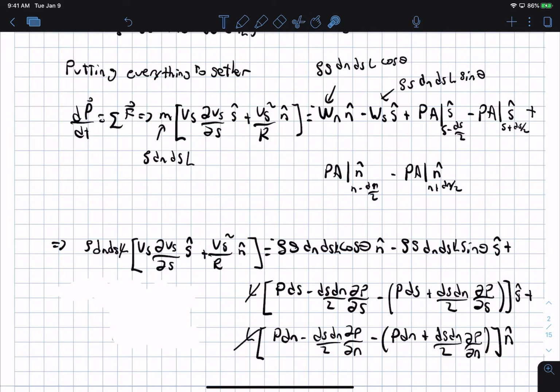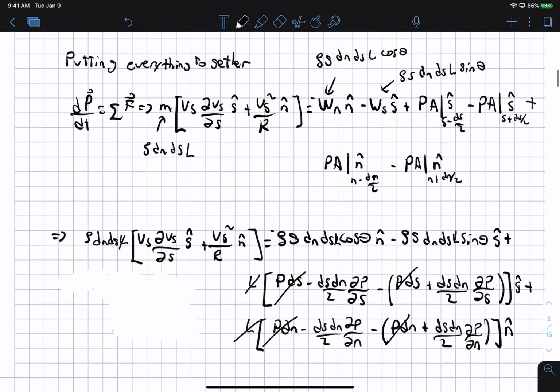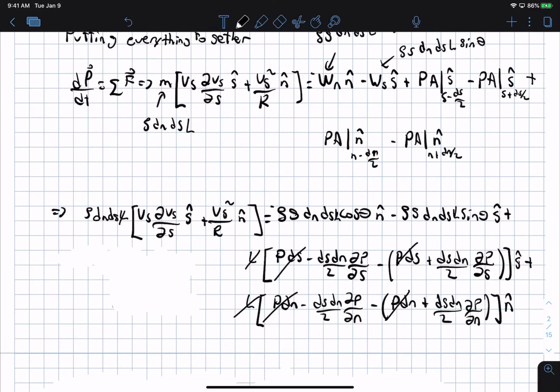And so those cancel out, which is very nice. And also note, it's encouraging that our arbitrary length of the fluid element into the page did not matter, because it just canceled out. So that made things really, really nice.